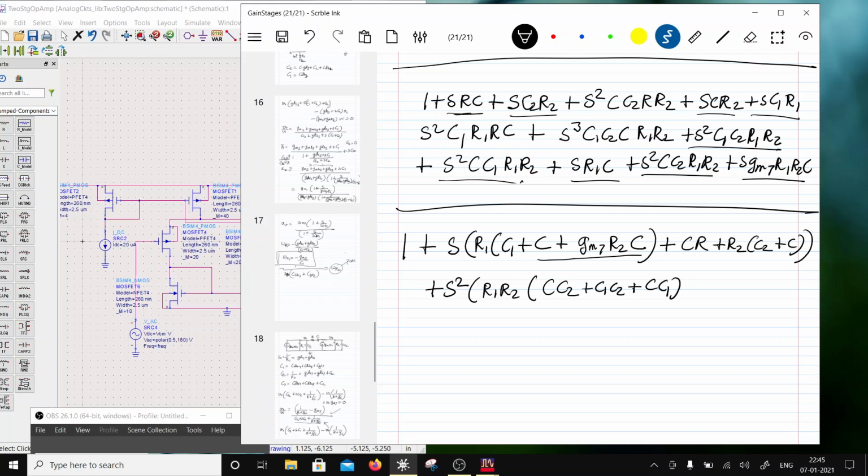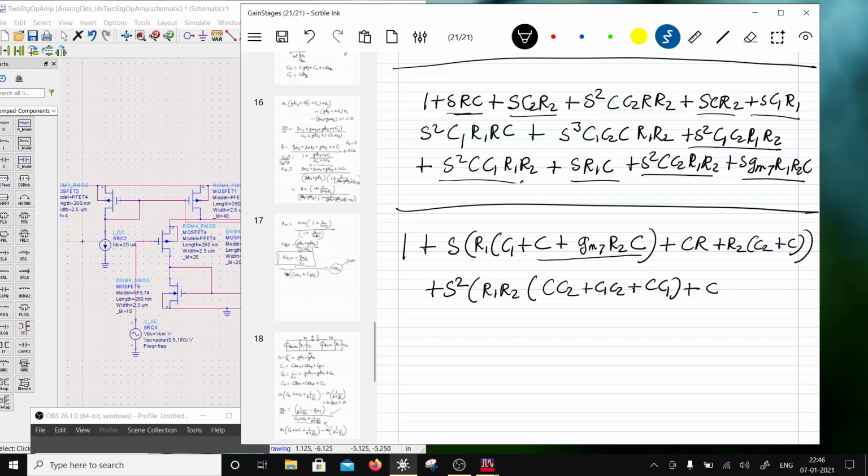So this is one term, okay, plus let's look at the other S square terms. So there are two more terms with this S square. Okay, one is this one, other is this one, right? Okay, R2 C2, yeah, this term.